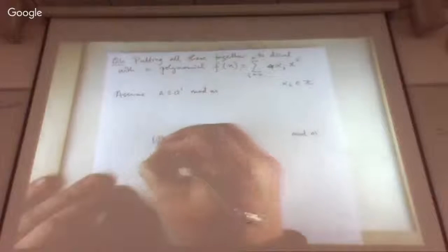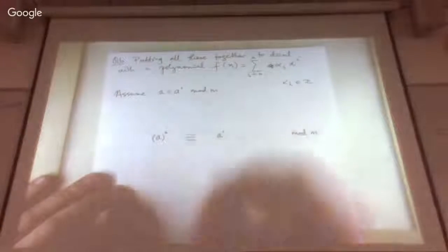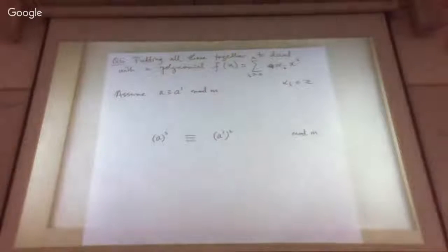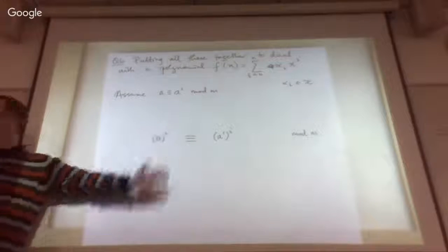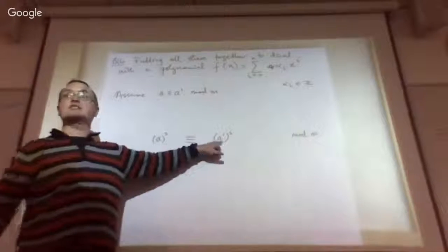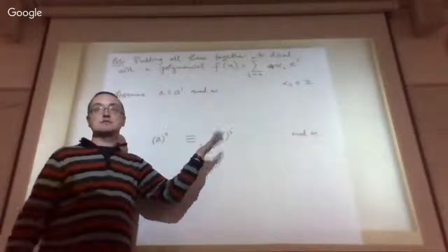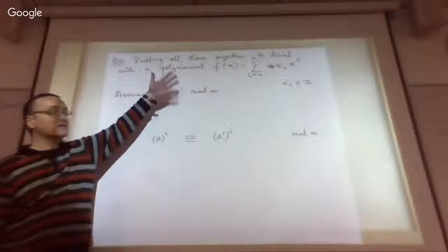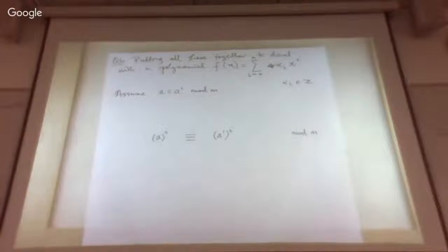Well, if I raise a to any power and a prime to the same power, it'll still be congruent, because that's part 5. The two things started off being congruent, and if you raise them to powers, they're still congruent. I'm not specifying what i is. i is just one of the values between 0 and n.